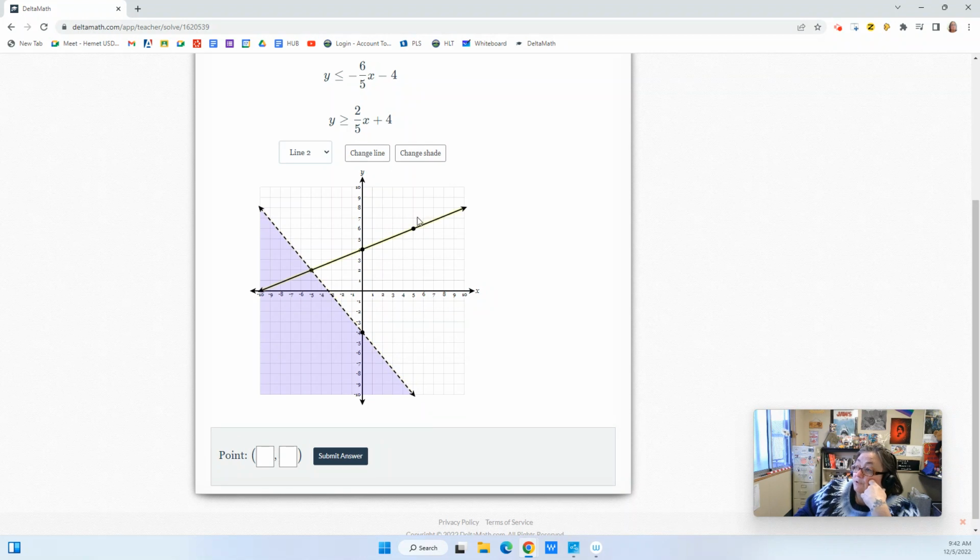It is equal to, and we're saying that this is bigger than it, so it should shade everything above that line. And so our point is going to fall right in this area, right? Let's pick a point on the line. Why do I want to pick a point on the line? Because I know it can't be a point on the line.